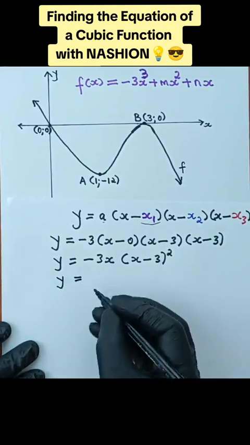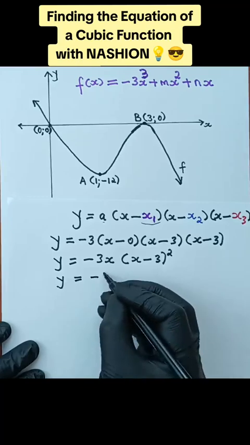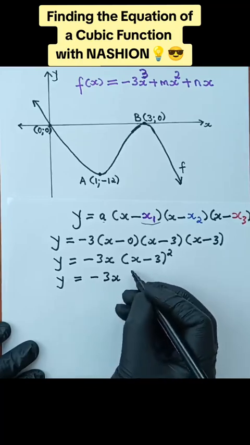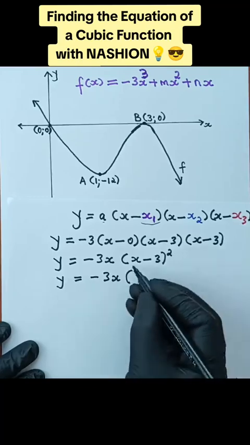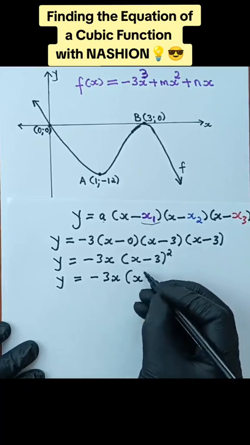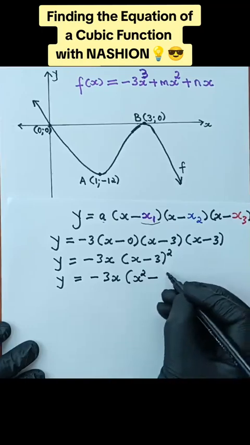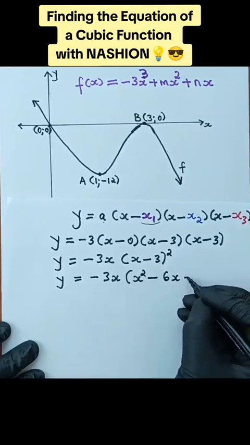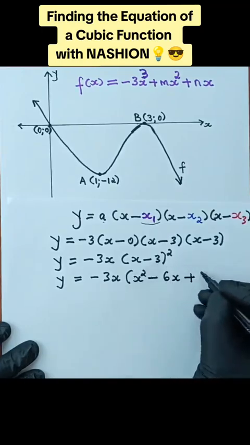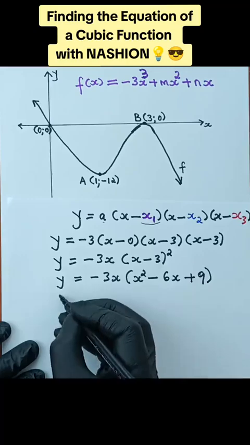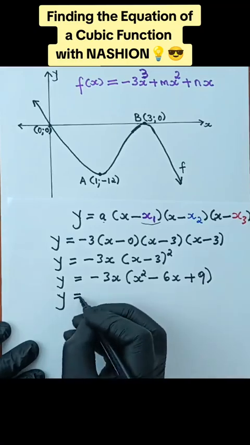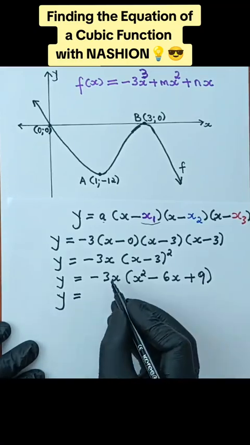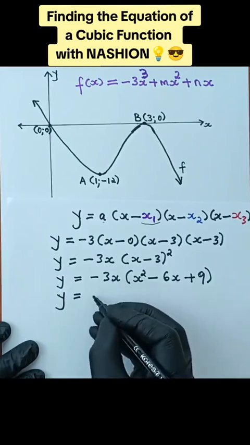Next, for now, we leave this -3x alone. We want to target the square part there. So that's x squared minus 6x plus 9. Close brackets. Then finishing it off, we remove the brackets completely.